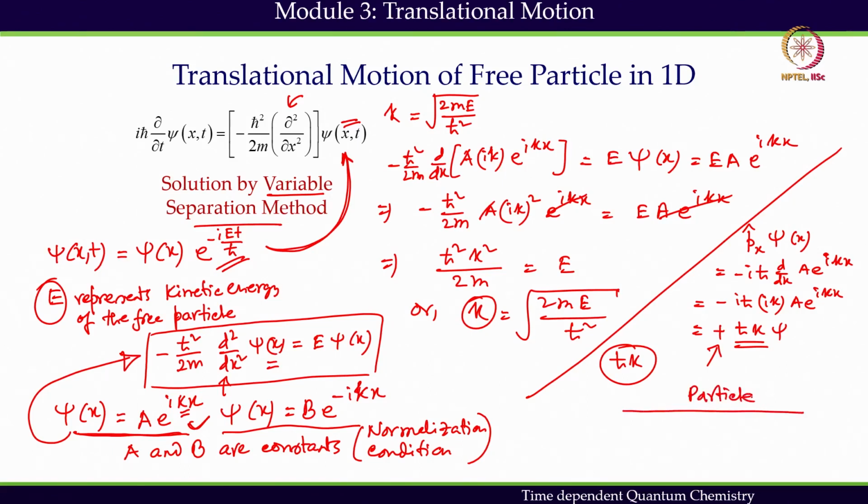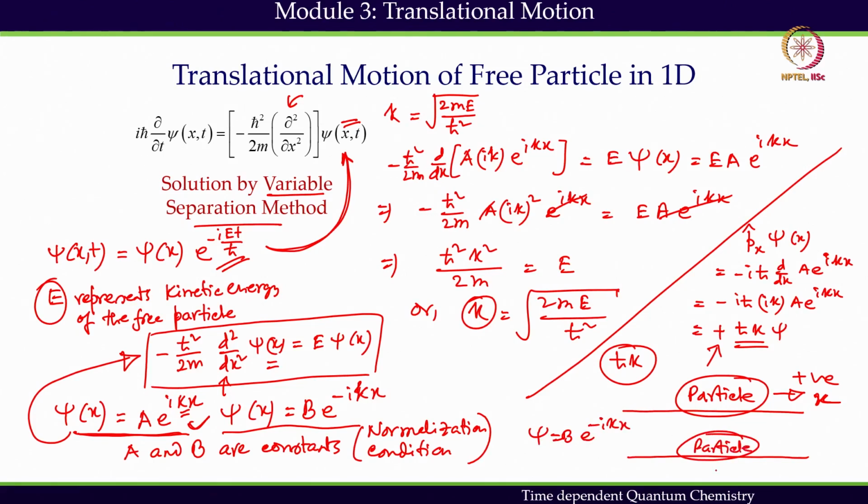What is the form of the particle we will get to know, but it is representing a particle which is moving along positive x direction. Similarly, one can show that this form psi equals B e to the power minus i k x is representing a particle.